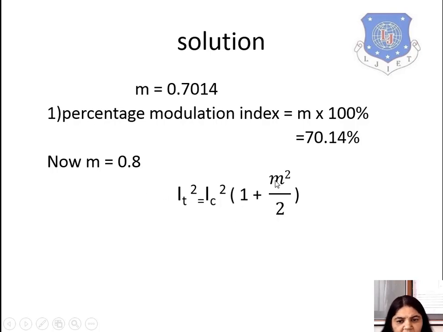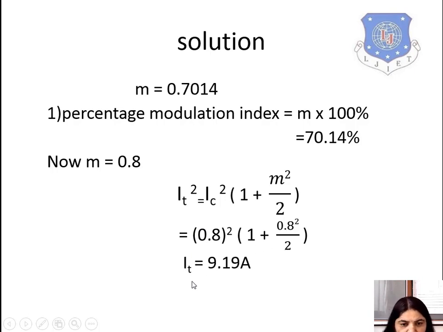We'll put the small m value now as 0.8. The IC value, the carrier value, won't change because it's a high frequency wave, so the carrier current remains as it was. So it is IC square in bracket 1 plus 0.8 square divided by 2.